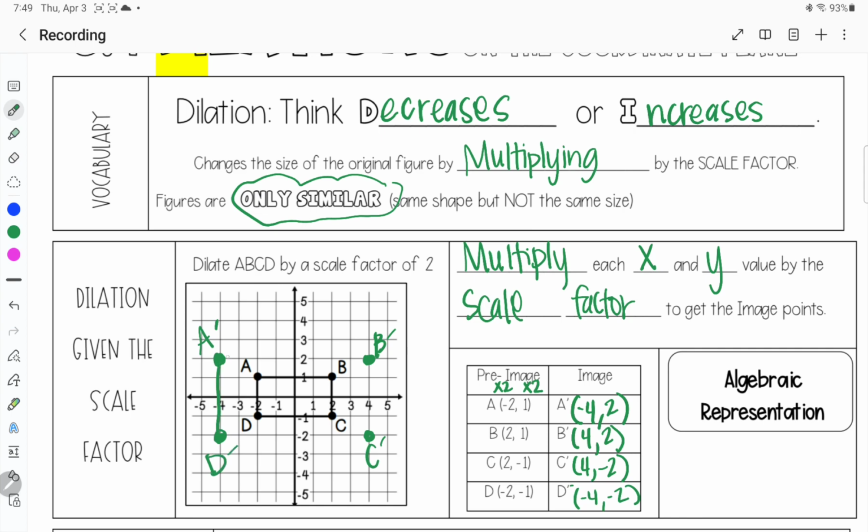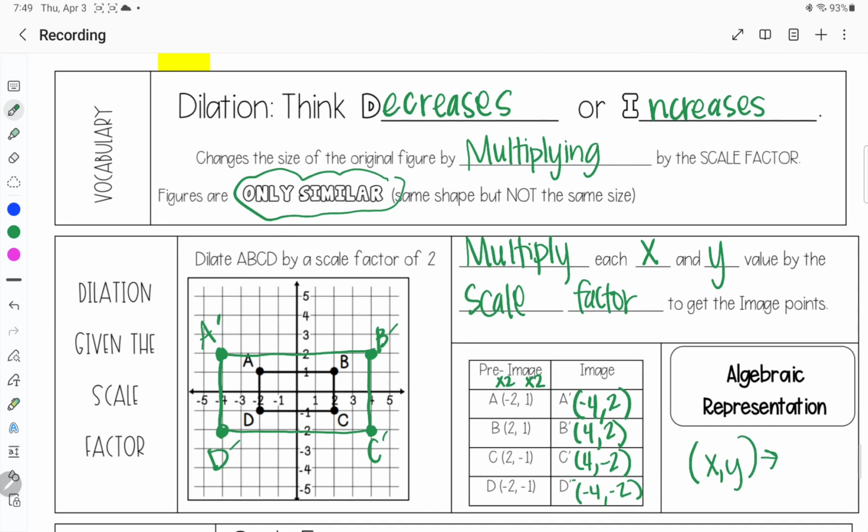So you can see that this got 2 times bigger. Algebraically, we took each x and each y and multiplied it by 2. So this becomes 2x, comma, 2y, or whatever your scale factor is, times each x and times each y.